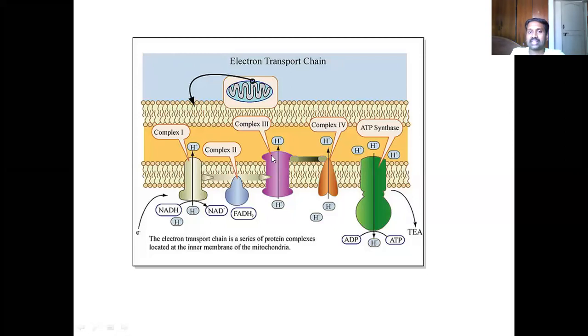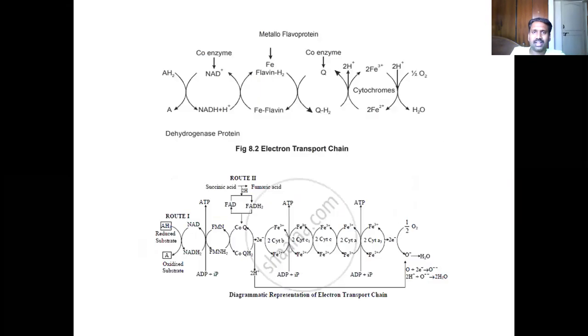So complex 3 accepts electrons both from complex 1 and complex 2, both from NADH dehydrogenase and from the succinate dehydrogenase complex. From here onwards, the journey of the electron is common for both oxidation reactions, NADH or FADH2.